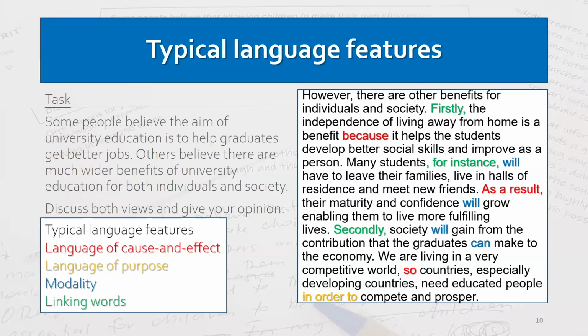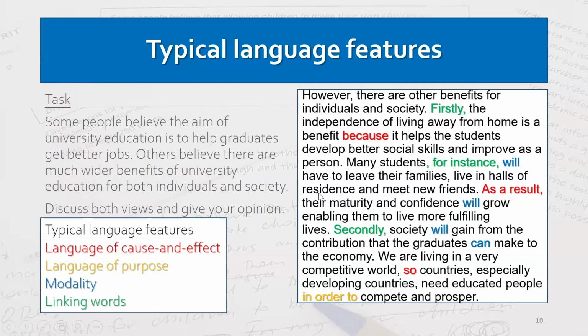That is, these grammatical or lexical features can help you present your arguments, your opinions very clearly to your reader. And that's why we'll be practicing these four typical language features during this workshop.